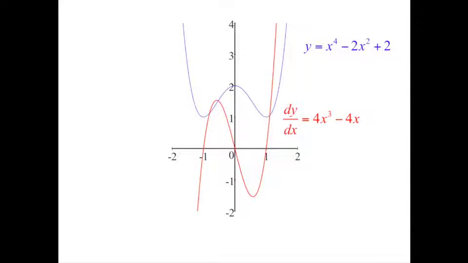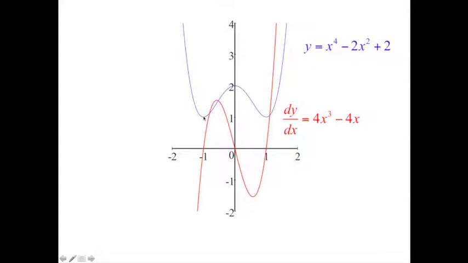The horizontal tangent lines have slope of 0. So here's our slope, right? Our derivative is our slope. So we have a value of 0 here. We have a horizontal tangent here, so we have a value of the derivative of 0 here. And a horizontal tangent here, which means the value of the derivative is 0 here.